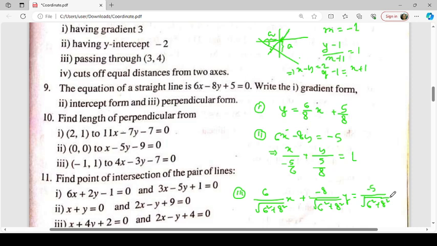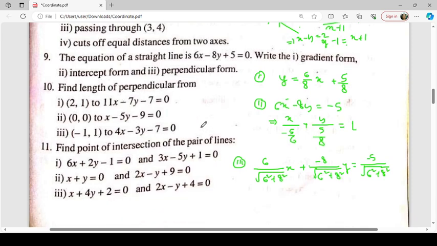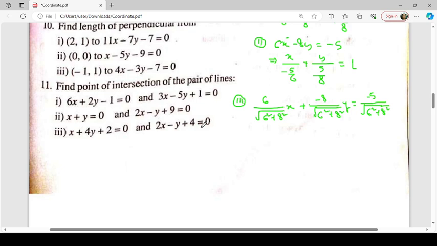Then number 10, distance, the length of the perpendicular. The length of the perpendicular formula is a alpha plus b beta plus c divided by root over a square plus b square.